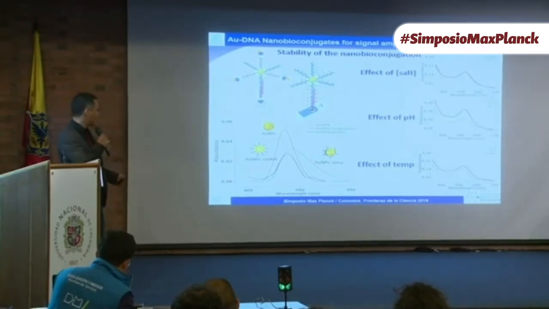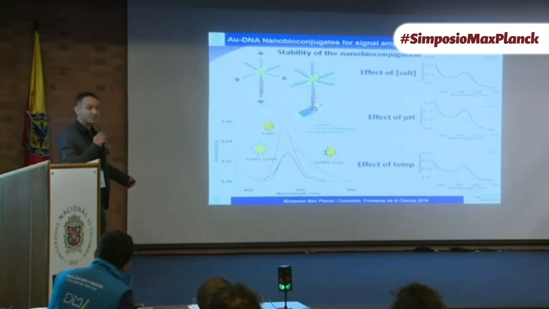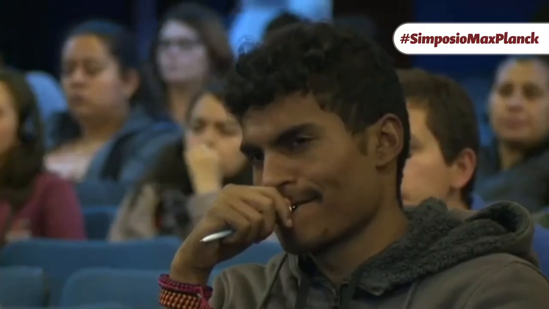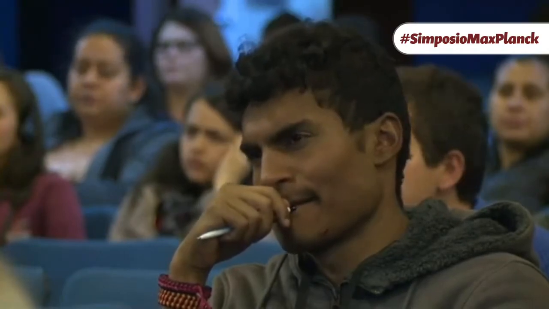We tried the genosensor in the nanoparticle format, but also assembled the nanoparticles on top of a screen printing carbon electrode, using ruthenium salt as an intercalator in between the DNA strands by electrostatic interaction, and using this salt as an electrochemical probe. So in this way, we don't need to use the enzyme to amplify, but we use the ruthenium salt.